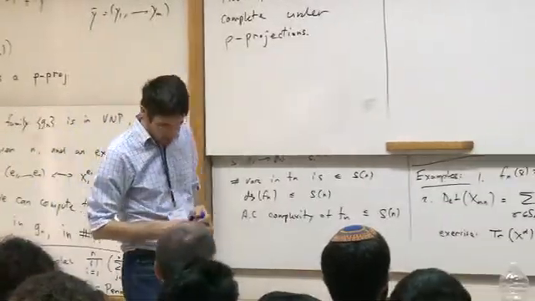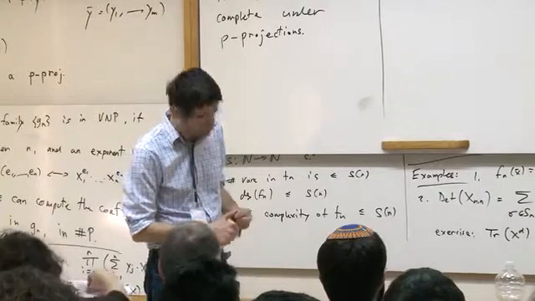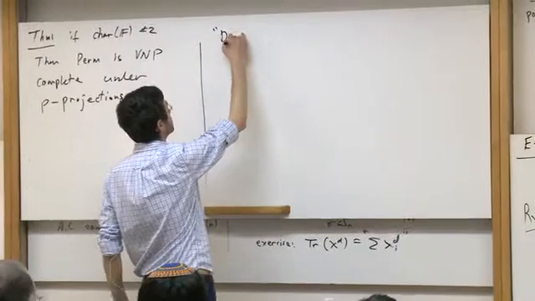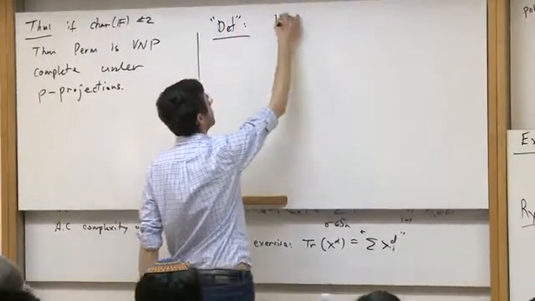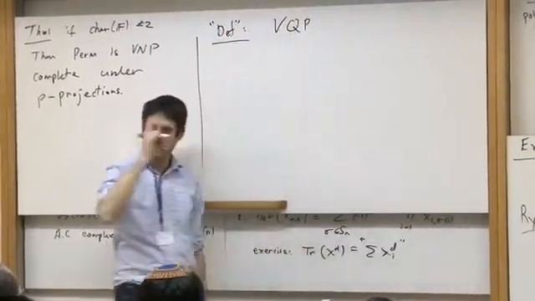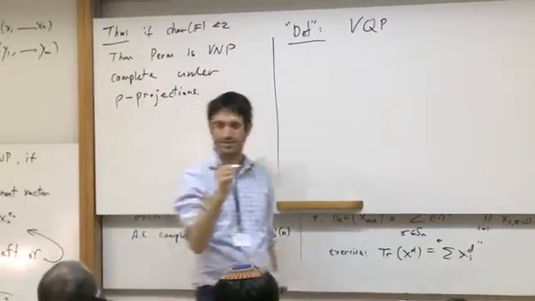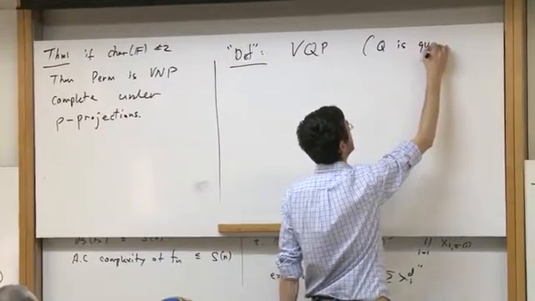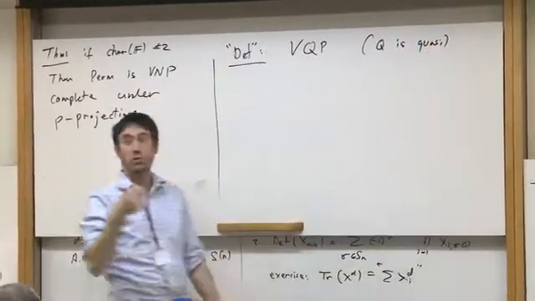So what I want to do next is define, I'm not going to write all this definition accurately, VQP, where Q does not stand for quantum, it's Q for quasi. So it's like quasi-poly.